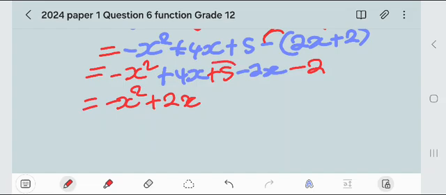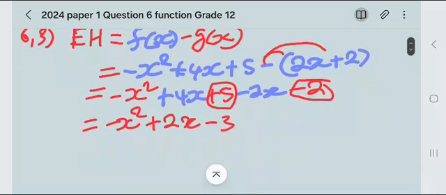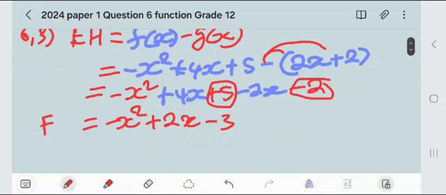Positive 5 minus 2 simply equals 3. This is what we have. Remember, this is our EH. See what we have here? Be careful.